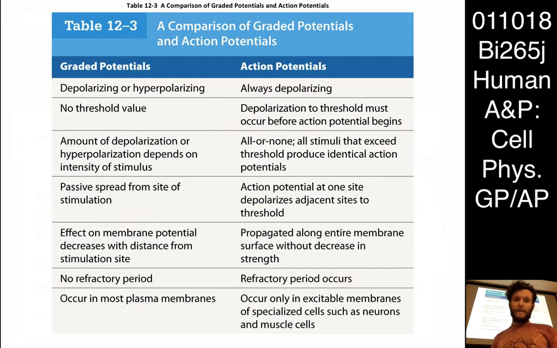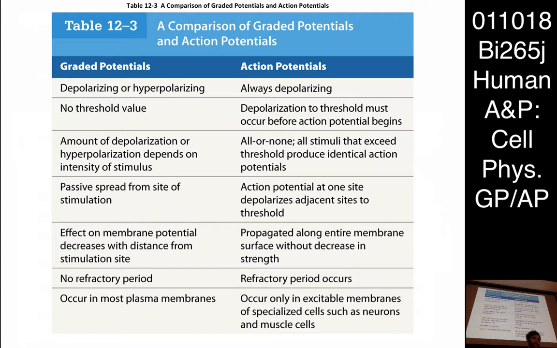All right. So here is kind of a recap of everything I've talked about today. I'm glad that this was review for some of you. Comparing graded potentials and action potentials. Graded potentials are either depolarizing or hyperpolarizing.